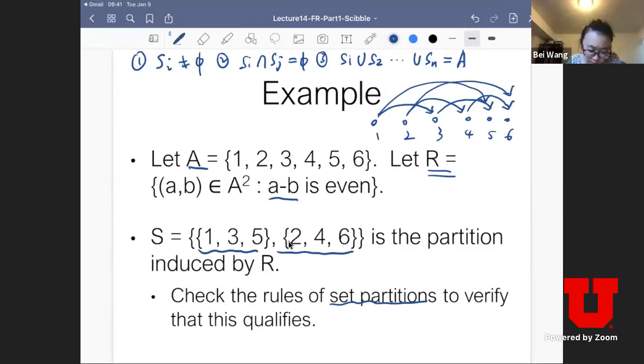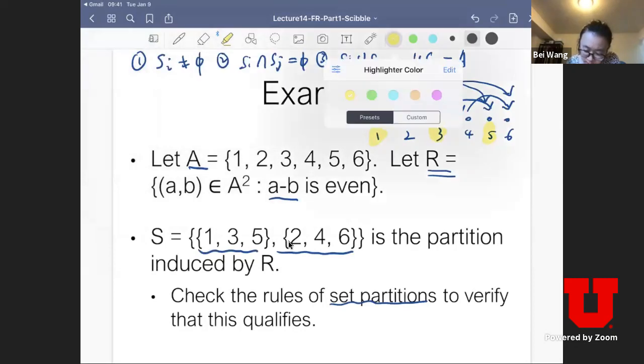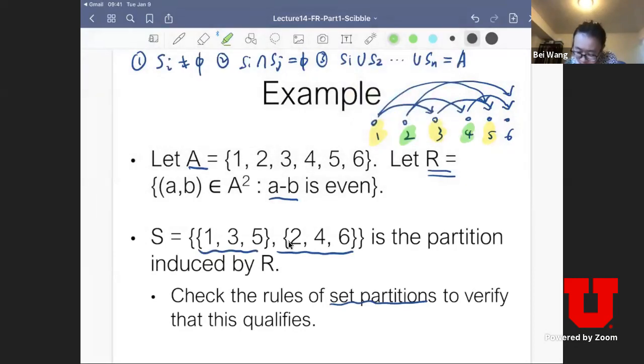So I'm going to highlight 1 and 3 are in the same set, 3 and 5 are in the same set, and 2, 4, and 6 are in the same set. Since there's no arrow between the yellow elements and the green elements, they belong to separate connected components of this graph that form the partition.